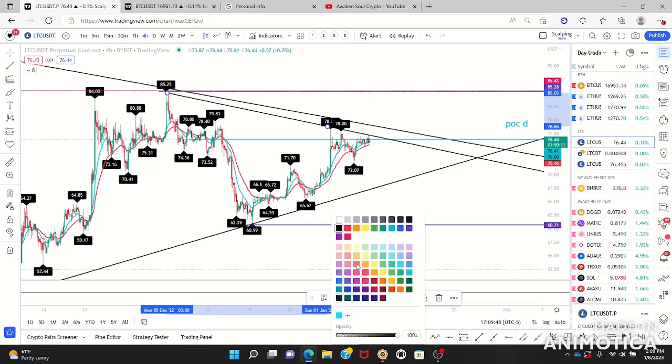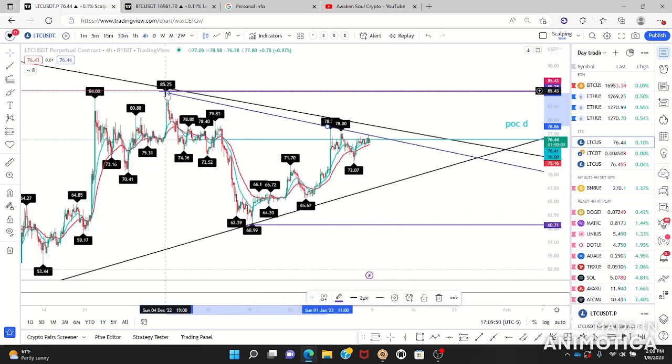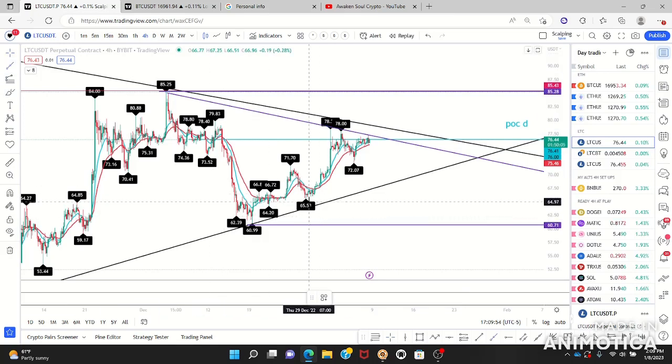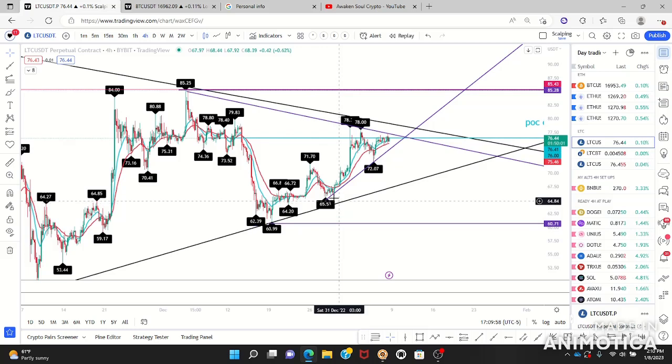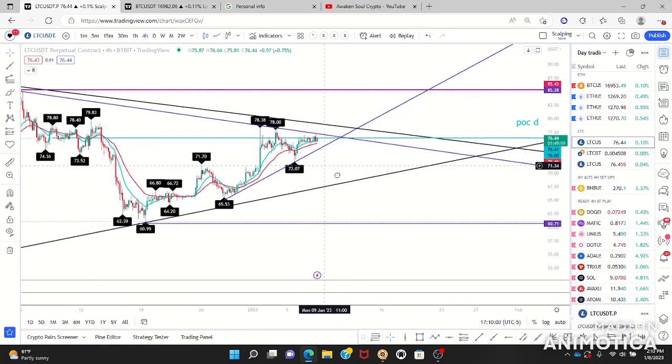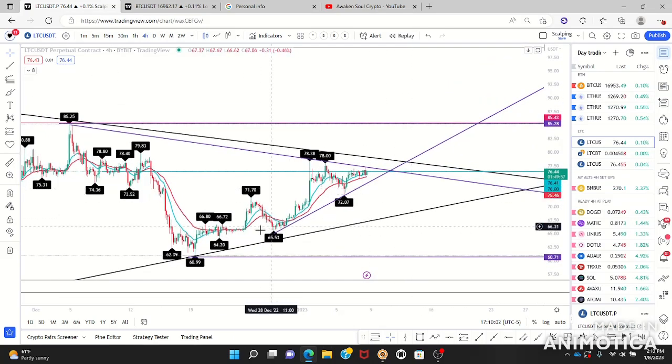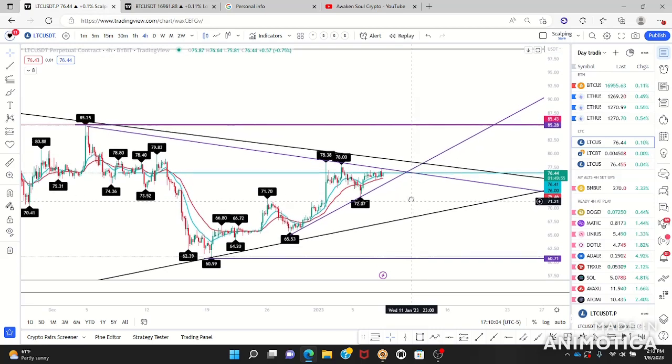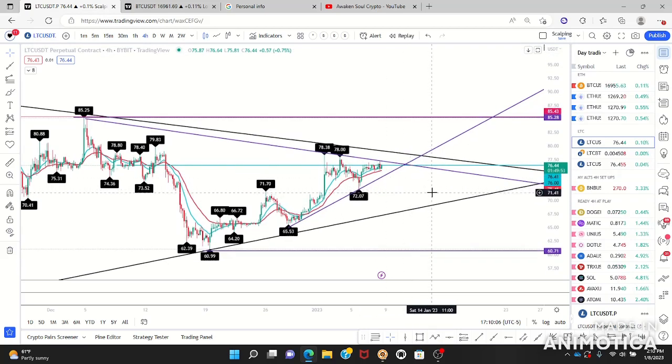Let's change the color. I'll do it purple. So this is my 4-hour trend line. High point. One touch, two touch, and this is my 4-hour trend line. It's coiling up really good.